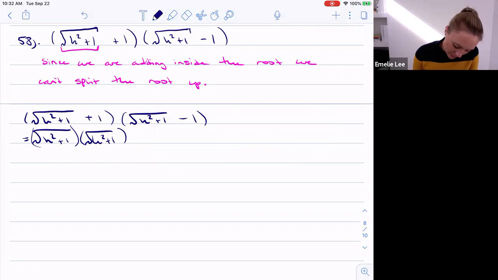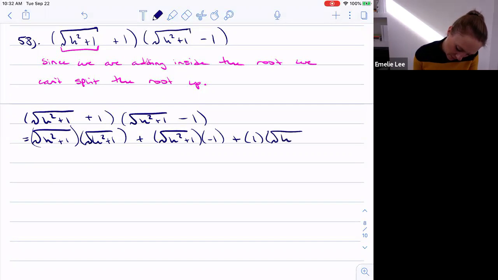So then I've got plus root h squared plus 1 times negative 1, plus 1 times the root of h squared plus 1, plus 1 times negative 1.